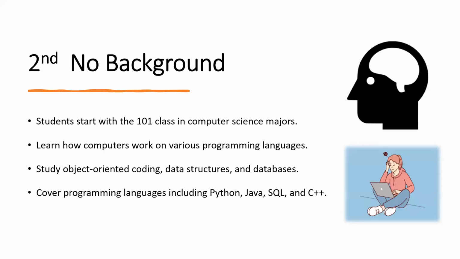Based on that, they learn programming with object-oriented coding knowledge, data structures, or databases. Sometimes they also cover programming languages including Python, Java, SQL and C++. So that's why they can handle it.